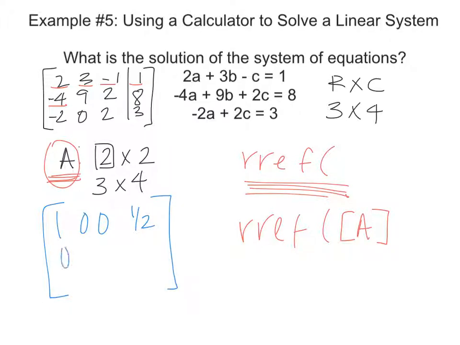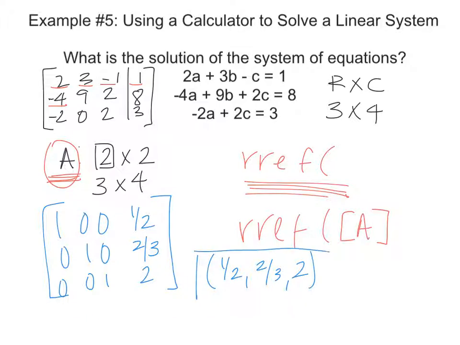Then you should have 0, 1, 0, 2/3. And then finally you should have 0, 0, 1, 2. As an answer, what that means is that your solution is 1/2, 2/3, 2, right? Because there are 3 variables, so this is your point. That is your solution.